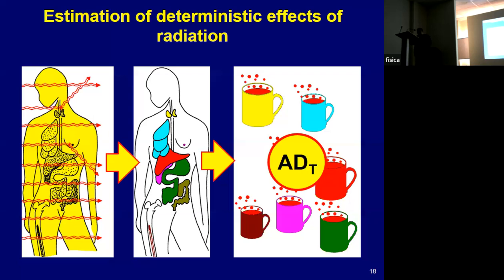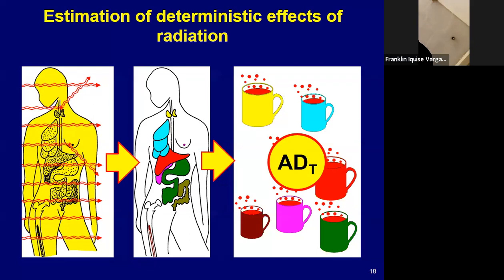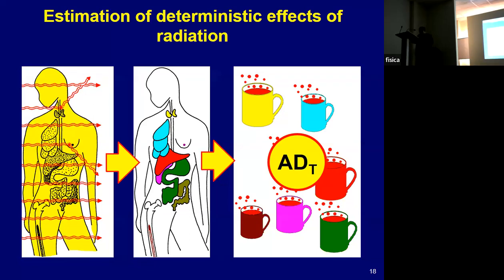The consequence of this phenomenon is the different values of RBE, representing the dependence of RBE on the properties of the radiation and the properties of the irradiated organ. So each organ has its own value.